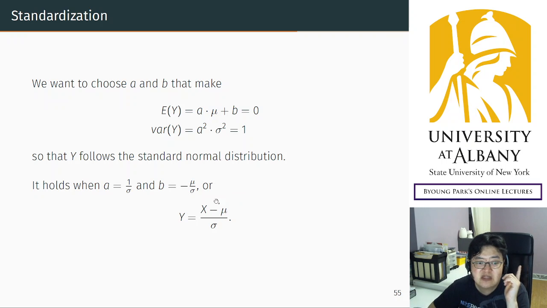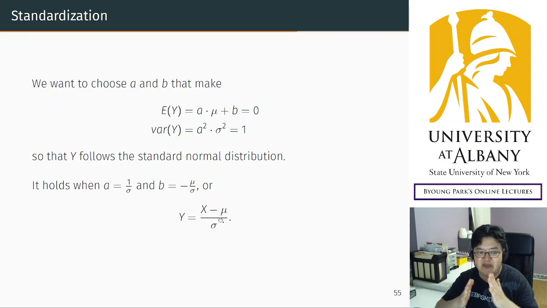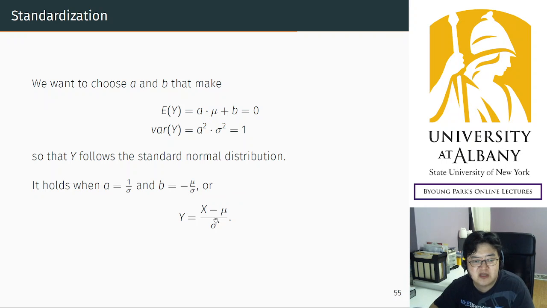So you divide X minus mu by the standard deviation. If the variability was large, then you reduce it by dividing by sigma. If the variability was small, then it will be standardized to 1. So subtracting the mean and dividing by the standard deviation is the process of standardization of the normal distribution.